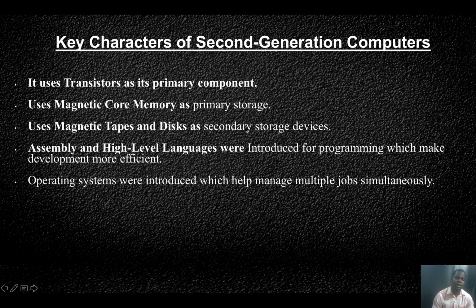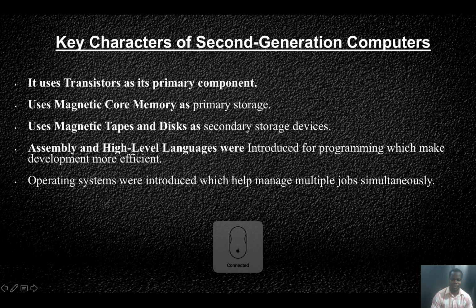And they use magnetic core memory as their primary storage device. And what about their secondary storage devices? That was where they used magnetic tapes and disks. What about programs? They were able to bring about high-level programming languages. Those were introduced.